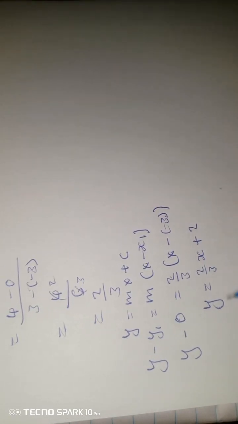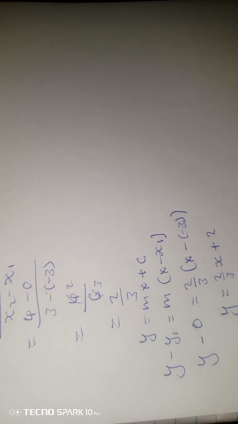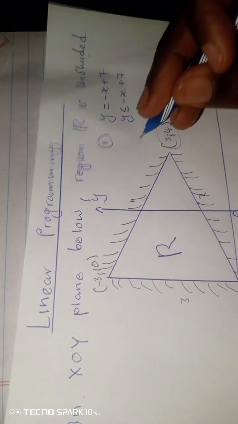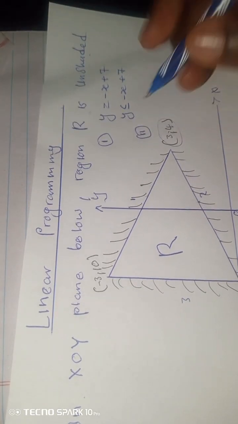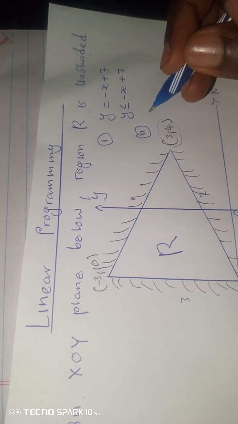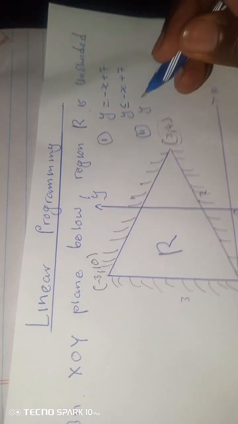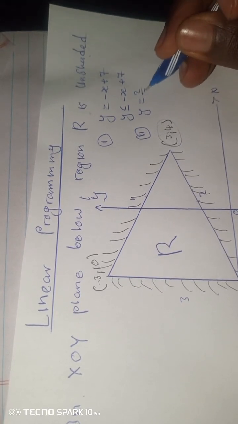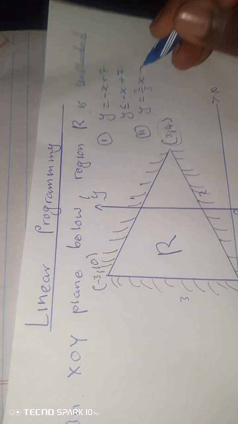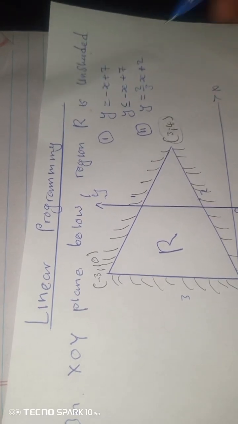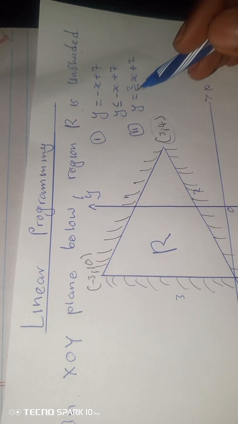So this is our equation that we have found. So I'll come here and say my inequalities for our second, it will be y equals to 2 over 3x plus 2. But take note, we are not supposed to use the equal sign here.